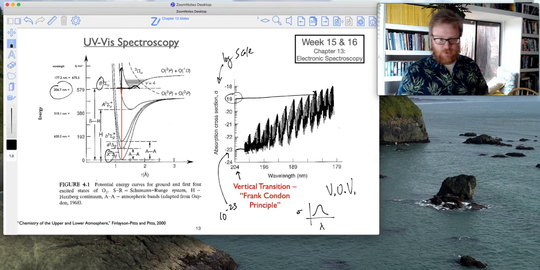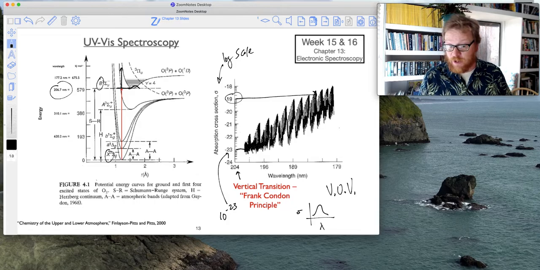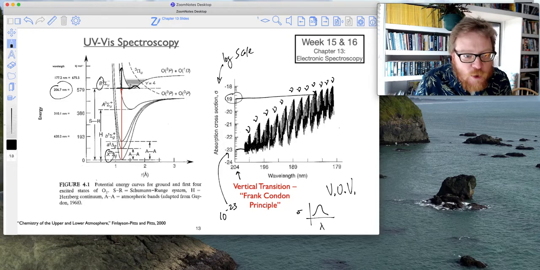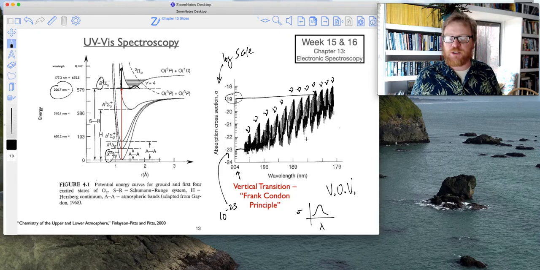What I also want to point out on this absorption spectra is that we can see several features corresponding to different vibrational levels. So we've got a vibrational level here and here and here, and I'll note all of those, right? We see all these different families of peaks, and each family of peaks corresponds to one of those vibrational levels.